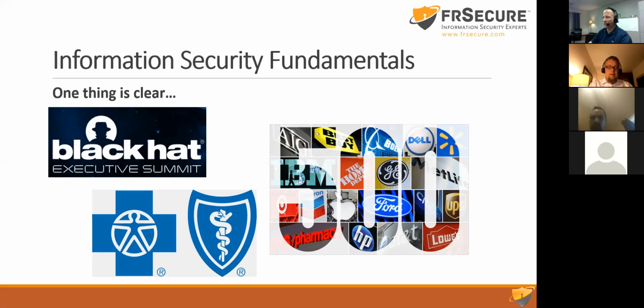Just take the Target breach, for instance. Target had all these fancy software pieces in their environment. They had FireEye. They had a $25, $30 million budget just for information security technology. Yet the breach still happened. Incident response was terrible. There was a lot of bad things that were broken, and many of those things were fundamental things.